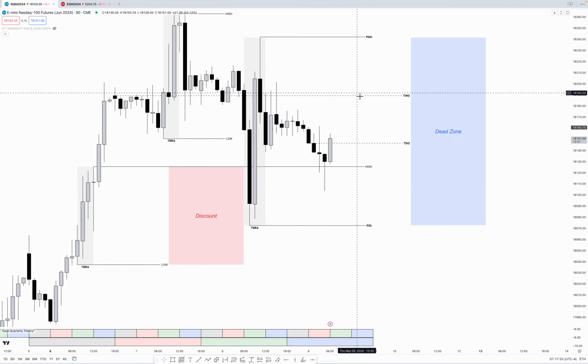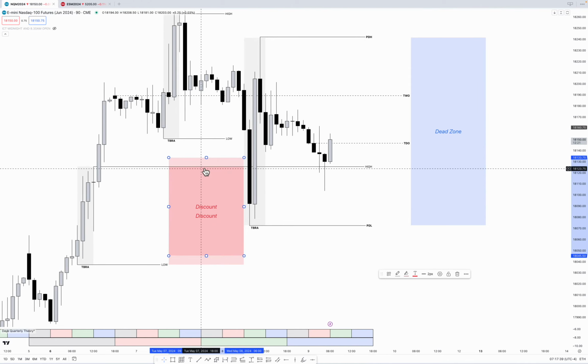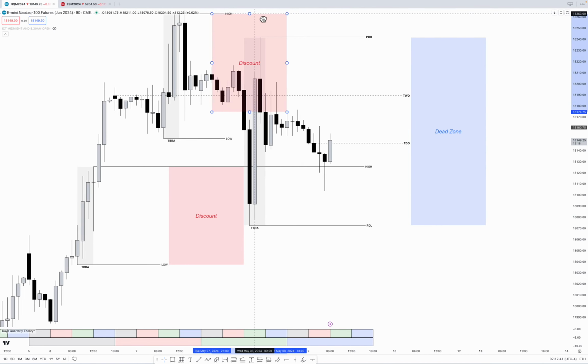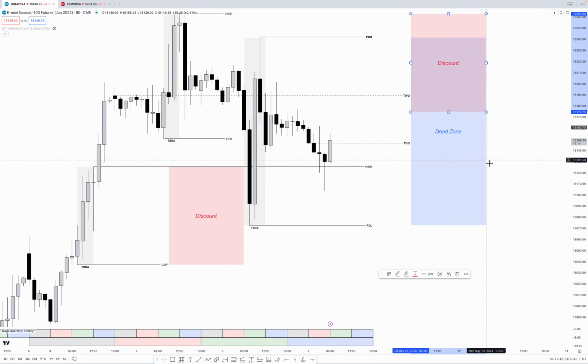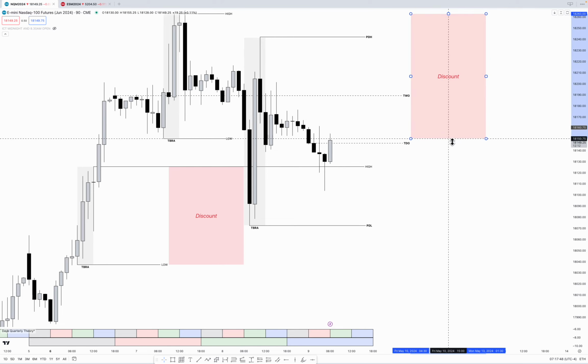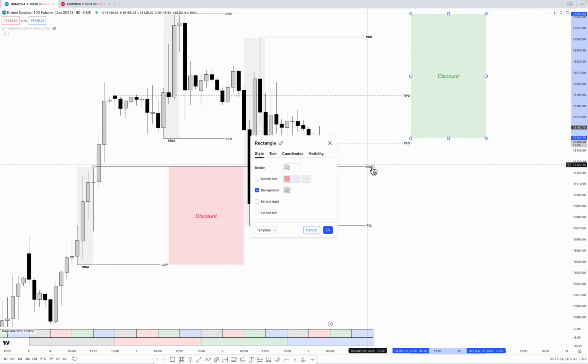Then it can initially repel higher, look for higher prices. But right now we are just caught between two ranges. I want to highlight this like this.